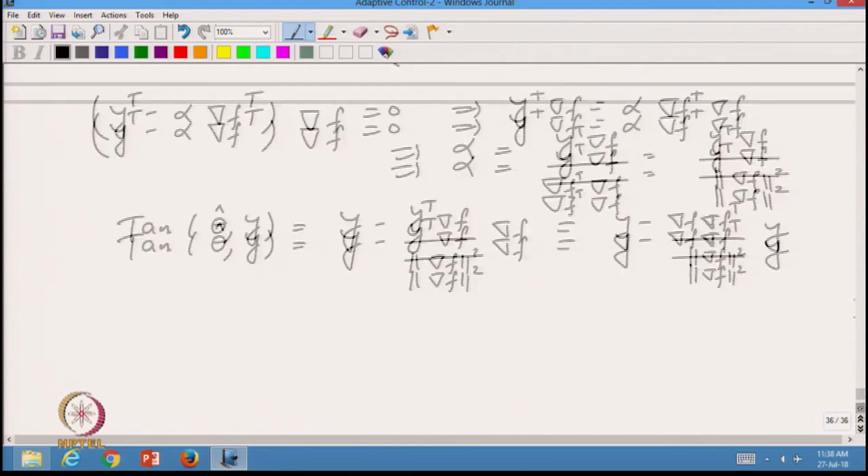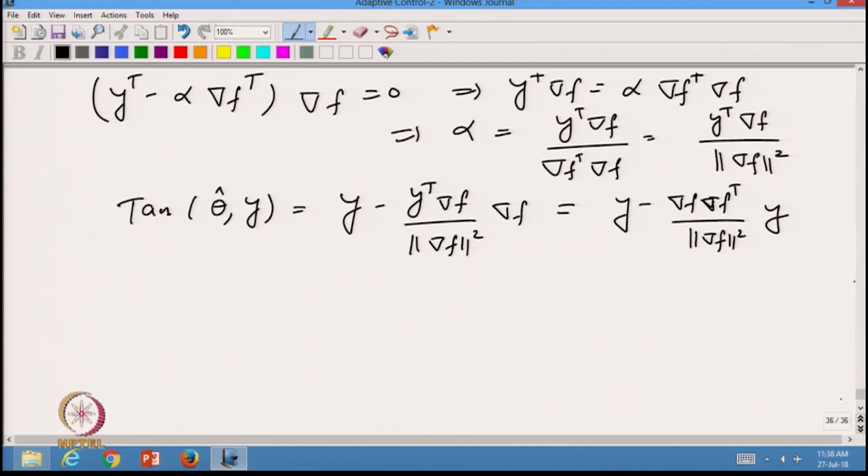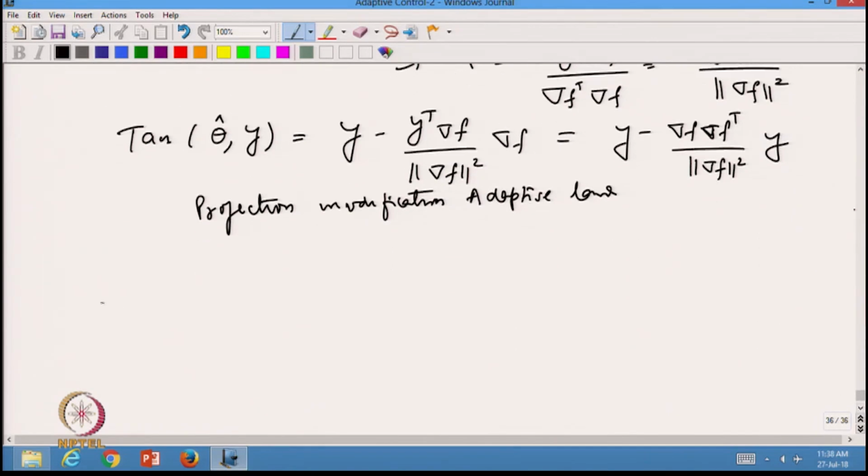Okay, so what have we achieved here? We have actually the projection modification, and the adaptive law can now be written as theta hat dot is equal to y when theta hat is in the interior.